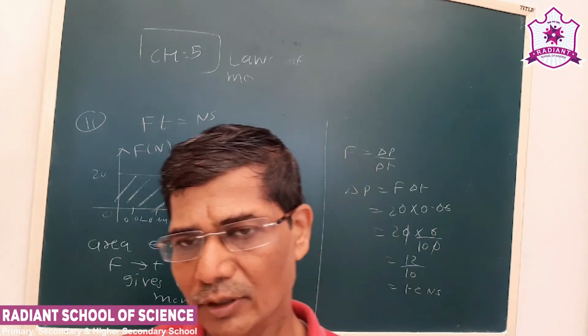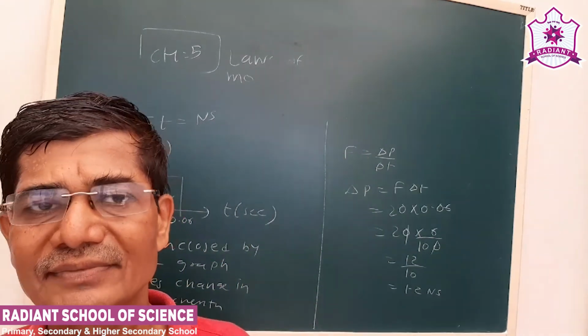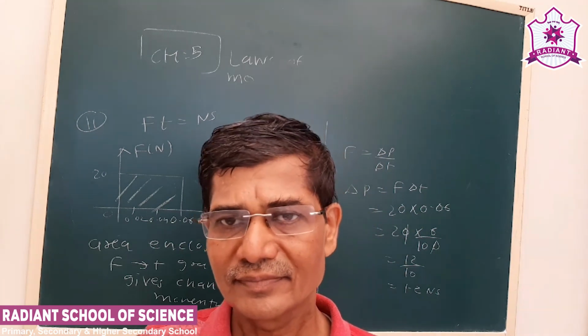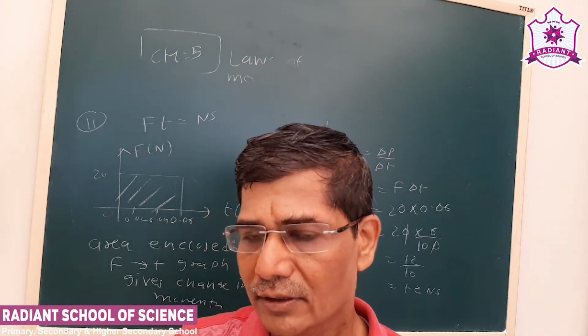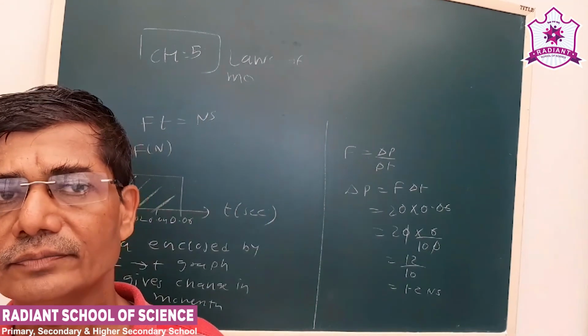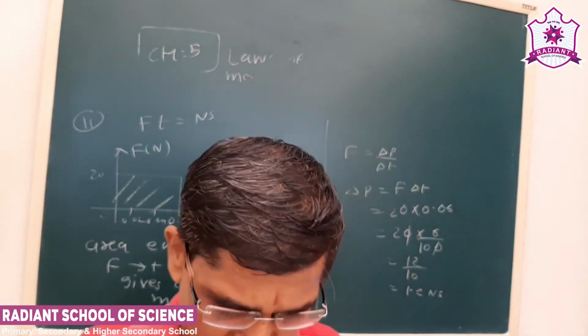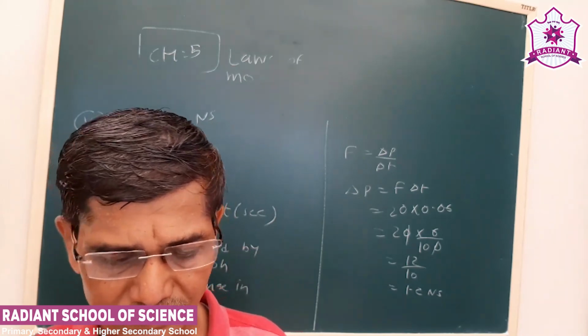We talked about an important physical quantity called momentum. We studied the law of conservation of linear momentum, which is one of the universal and fundamental laws of nature, and its applications.